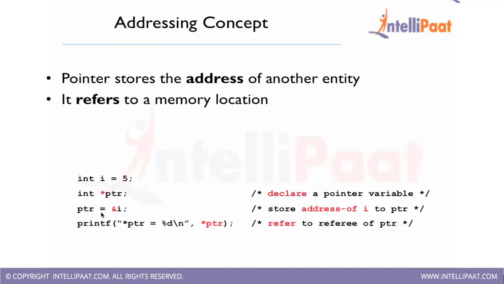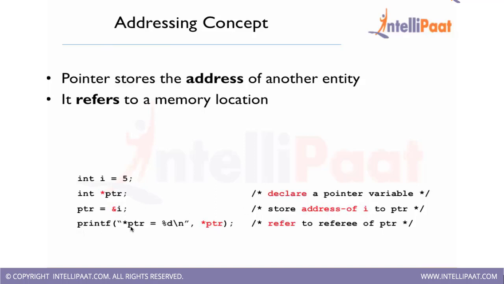Then ptr equal to ampersand I. Now this ampersand represents the address of I. If we want to get the address of any entity, we just have to write it like this, and ampersand I points to the address of I.